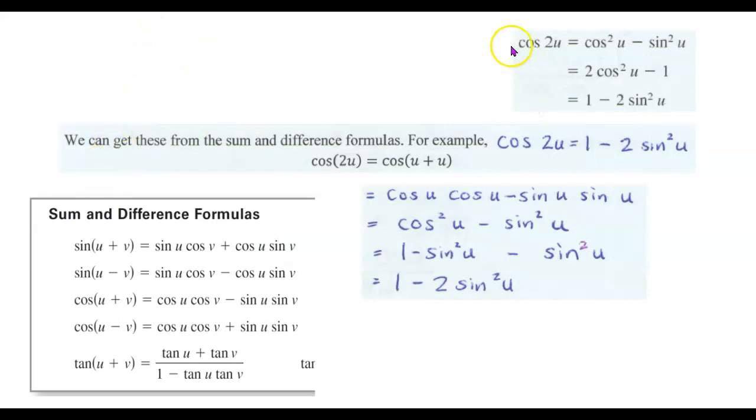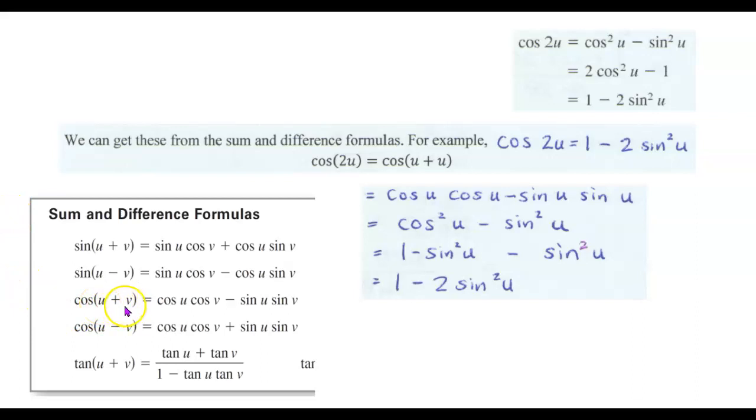Now these double angle formulas can be derived from the sum and difference formulas that we looked at last time. For example, to show that the cosine of 2u is equal to cosine squared u minus sine squared u, we can start by saying, well, 2u is just the same as u plus u, and when you write it that way, it's the cosine of two things added together.